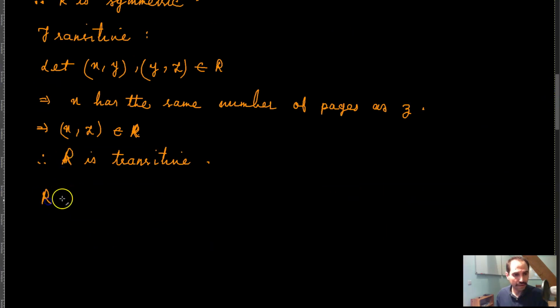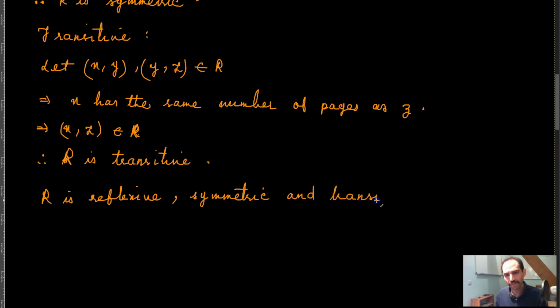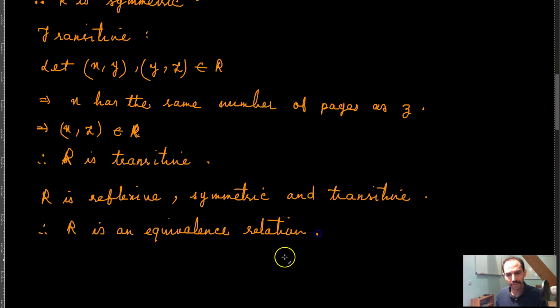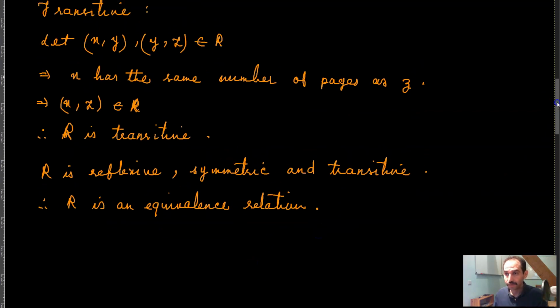So R is reflexive, symmetric and transitive, and therefore R is an equivalence relation. So that was question number 7.